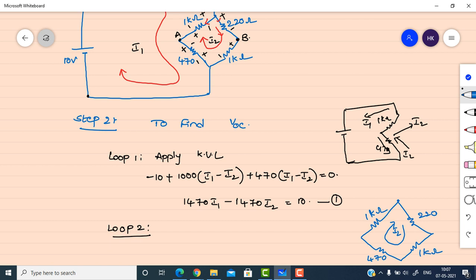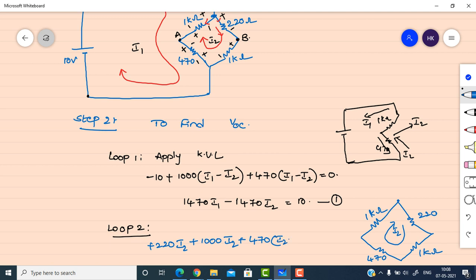So I will start at this point. So plus 220 I am entering. Plus 220 and the current flowing is I2. After that again we are entering 1 kilo ohm, that is positive. So plus 1000. Again the current is I2. Next we are entering again positive. Plus 470 into, this 470 resistor is common to the two loops.